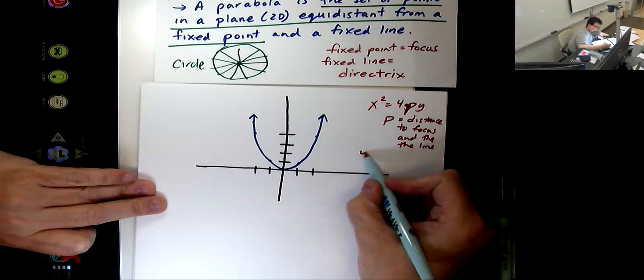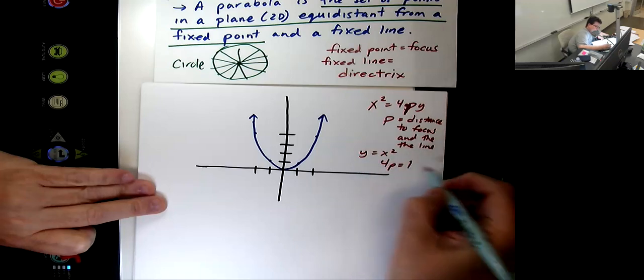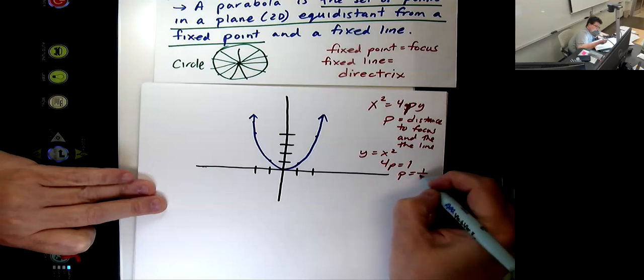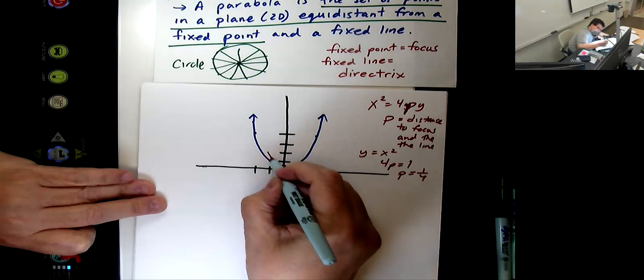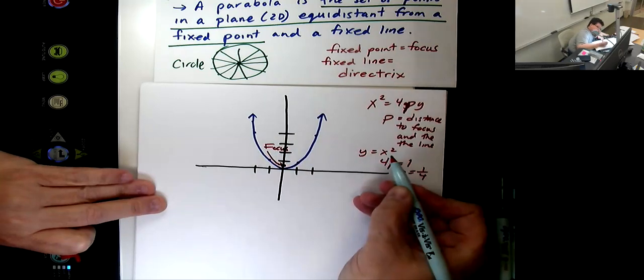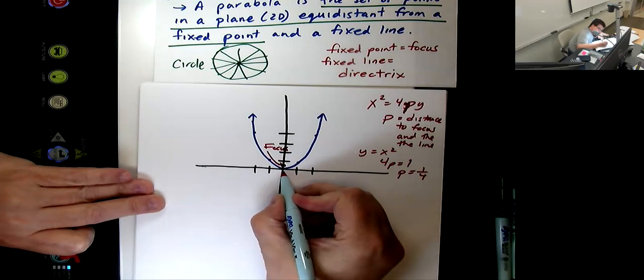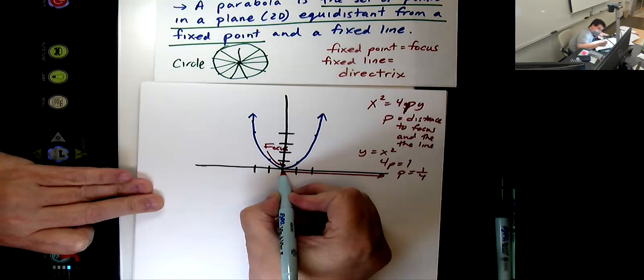So if I have y equals x squared, then 4p equals 1, and p equals 1/4. My focus is right down there. And my directrix is right there at 1/4.